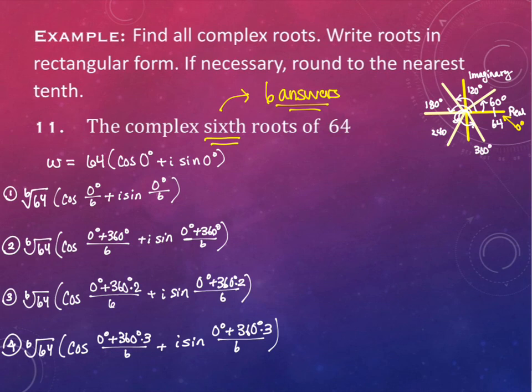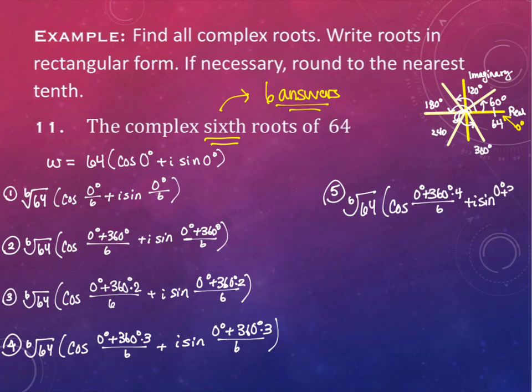I'm going to have to switch slides so that I have some space. Actually, I think I have space over here. Let's do our fifth one over here. So I've got my sixth root of 64, and then what? Times 4 at the end, right? So 0 plus 360 times 4 over 6, plus i sine of 0 plus 360 times 4 over 6.